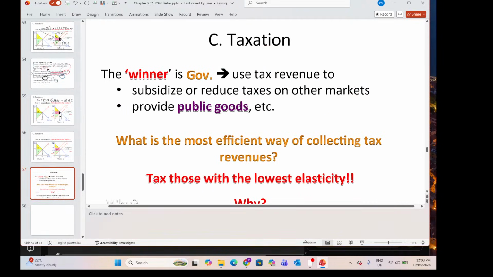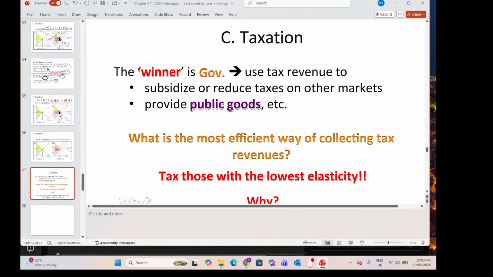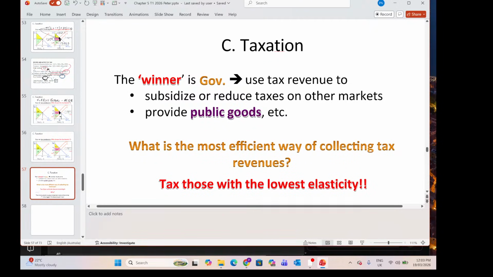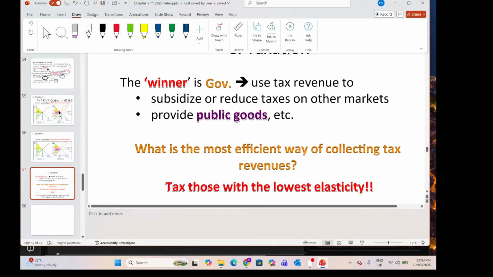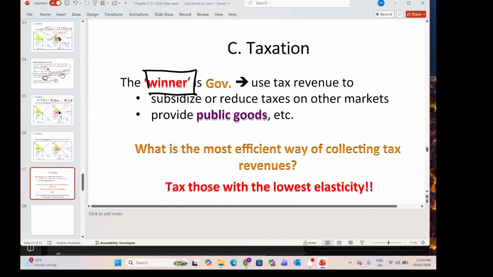All right, so who is the winners? Well, obviously the government is the winner because they're getting the revenue, right? They got the 1250. Now, what might they do with that money?